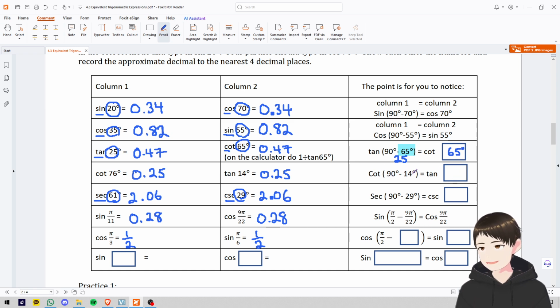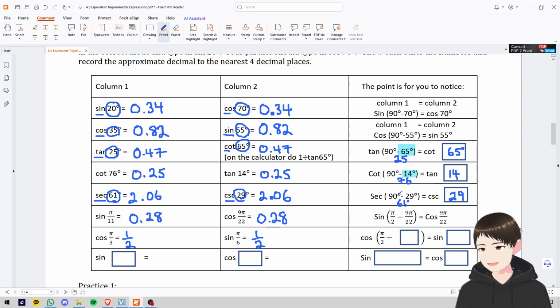Cotangent 90 minus 14, I know the angle is 76, but the angle that we are subtracting from 90, it's right here. They are the same. And same thing here. I know the angle is 61, but the angle we subtract from the 90, in other words, the correlated angle of 61 is 29.